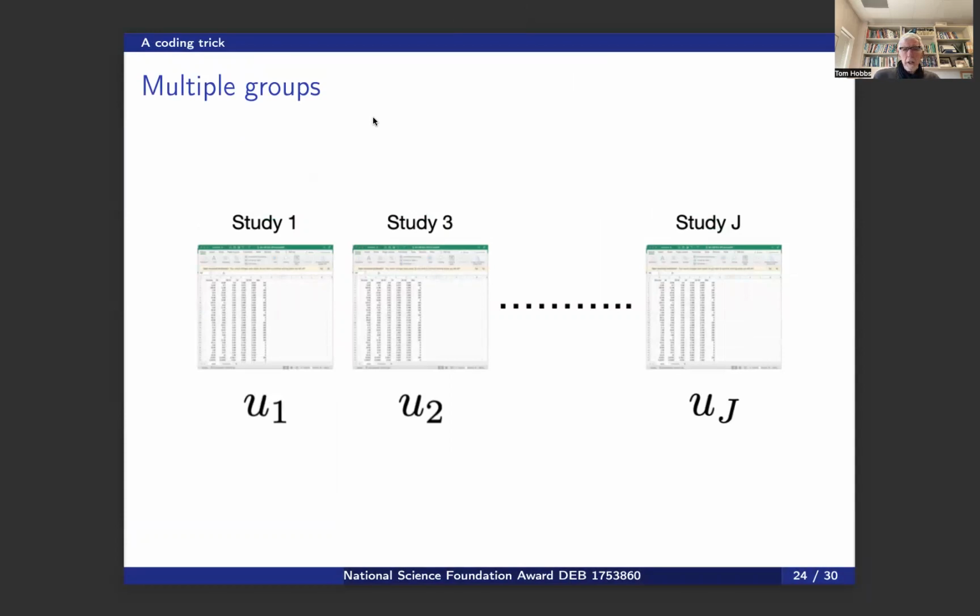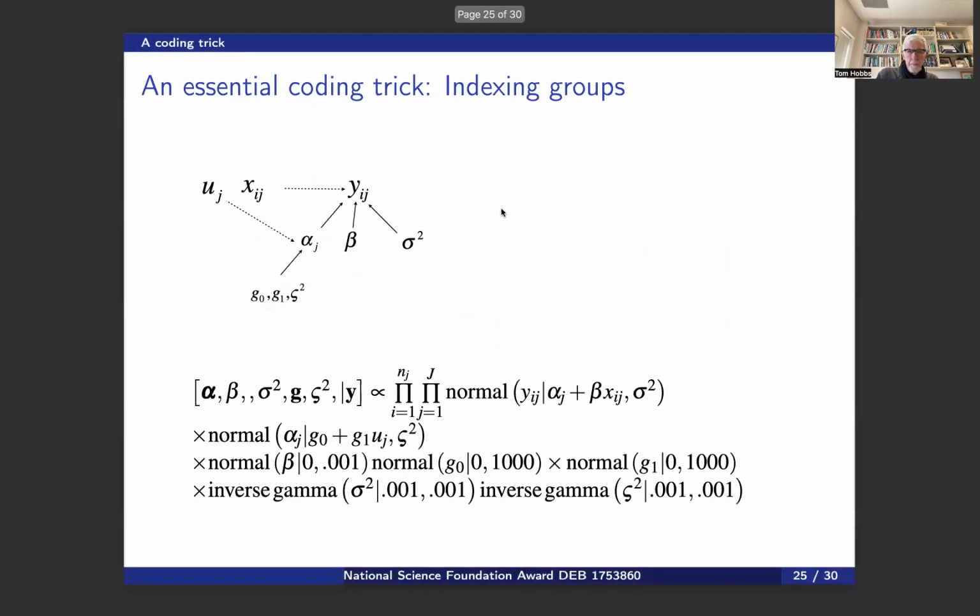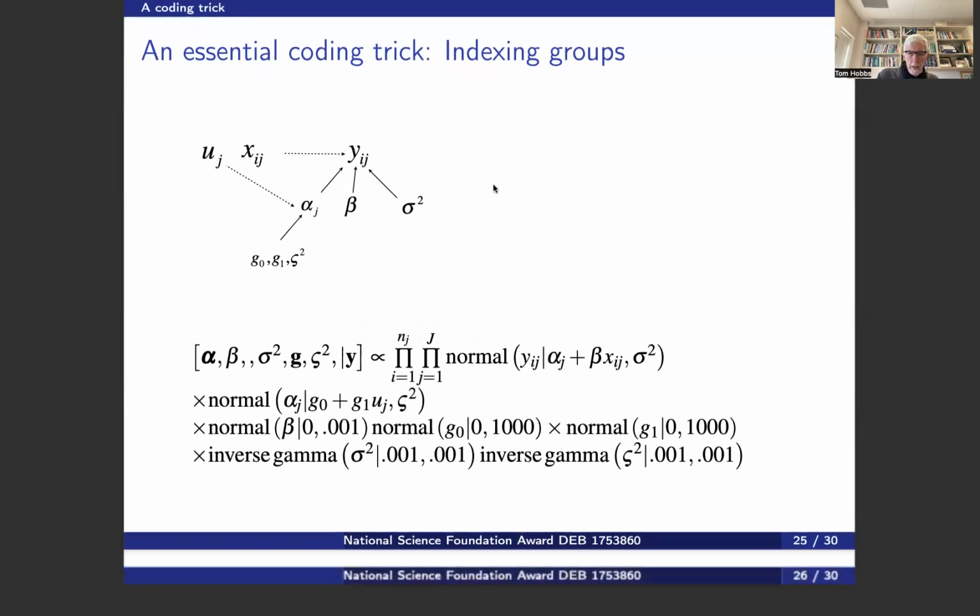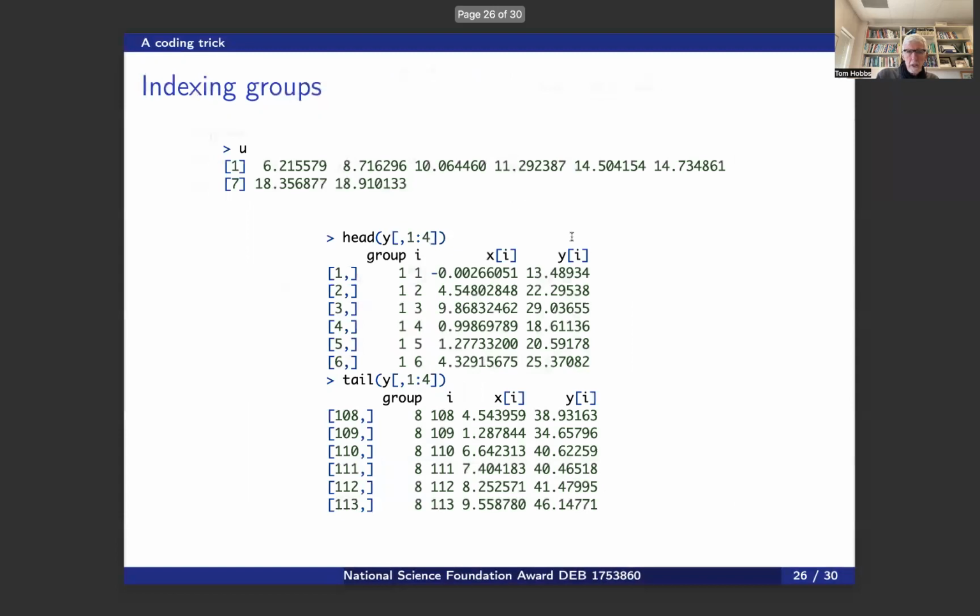So I now want to talk about a little bit of coding, because it's a really essential trick for implementing these multi-level models. Presume we've got, again, capital J studies. Our data are in spreadsheets with rows and columns, and we have data on each individual study. So the question is, how do we index groups to implement this model? Take a close look here.